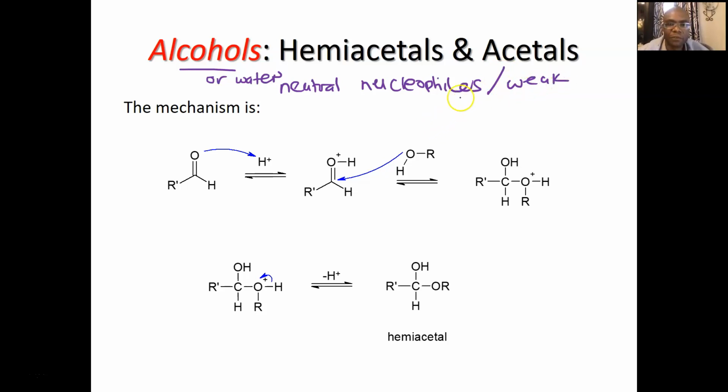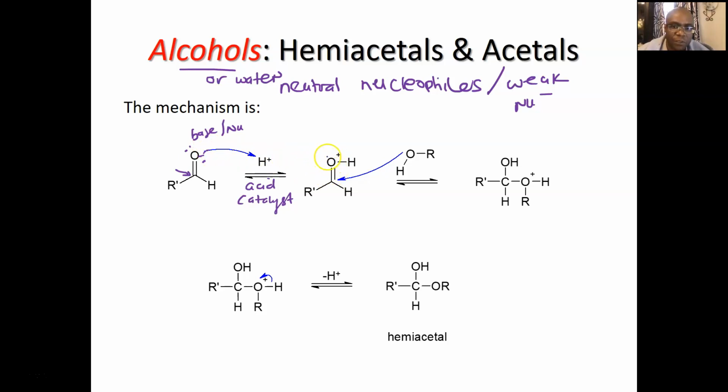So before they come in to attack, we usually use an acid catalyst to make this carbon even more positively charged so that the weak nucleophile can come and attack it. So we use the carbonyl as a base, as a nucleophile, to accept a hydrogen, because bases are proton acceptors. So you get this structure.